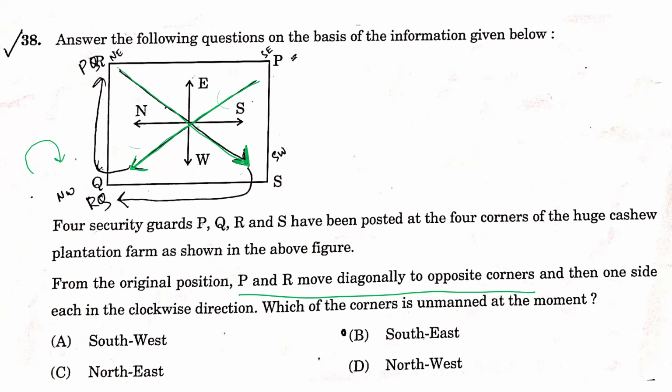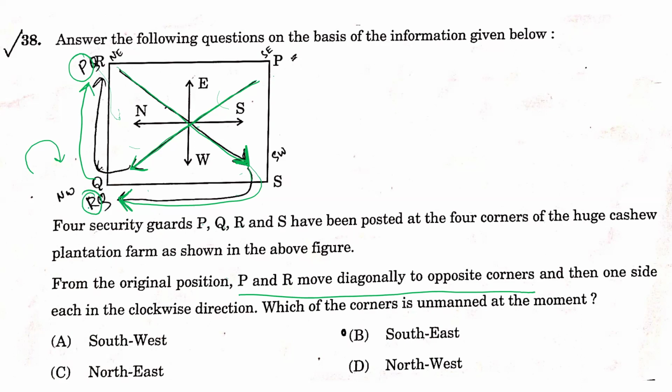After R moves here, they take a clockwise turn and move to one side of it. That means from here, it will travel to this point here. And this P also will take one side like this in clockwise direction and it will go this way. So P will be here and R will be here.